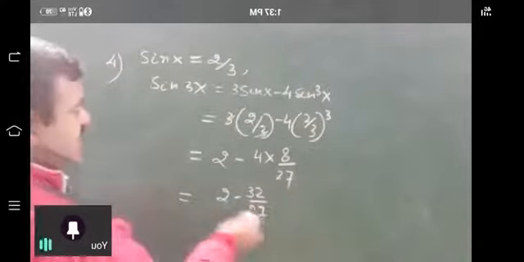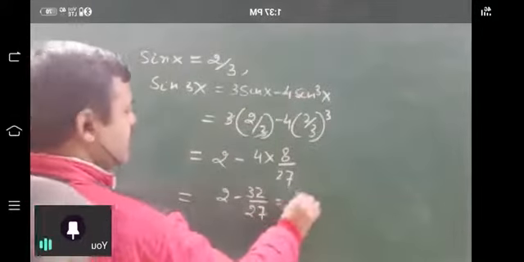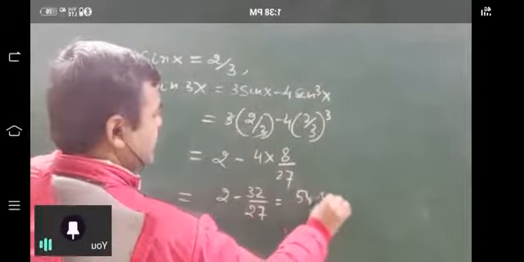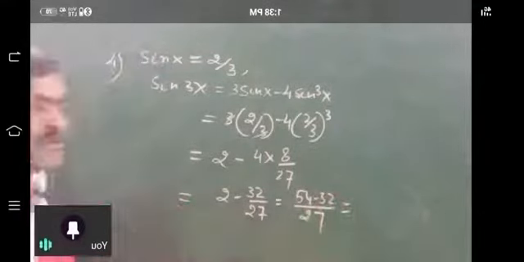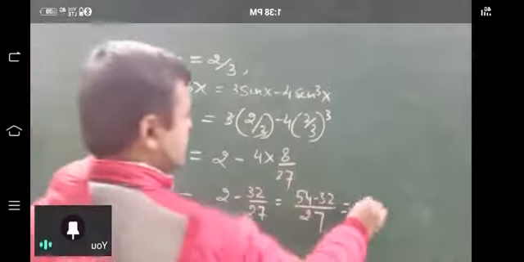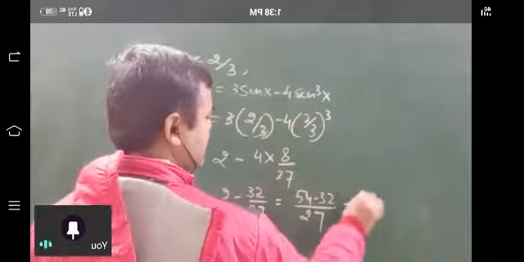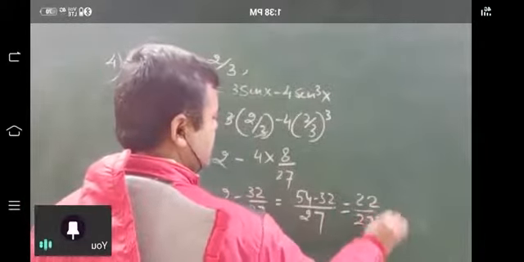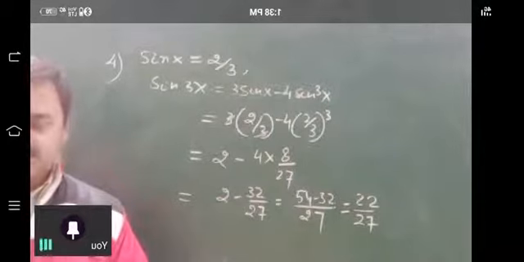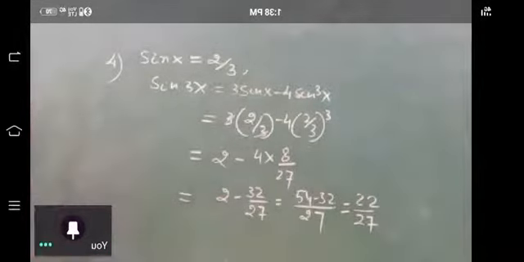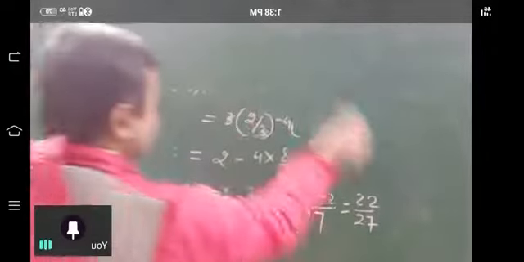So 27 into 2 is 54 minus 32 divided by 27. Subtracting, we get 22 divided by 27, and hence this is the answer, 22 upon 27. Now come to the next question.